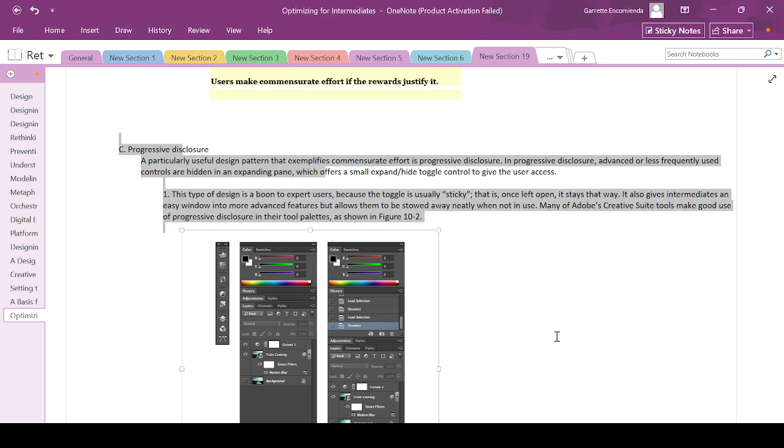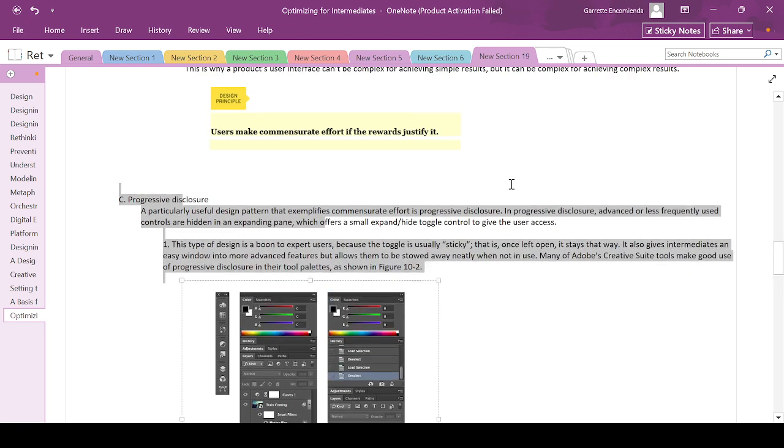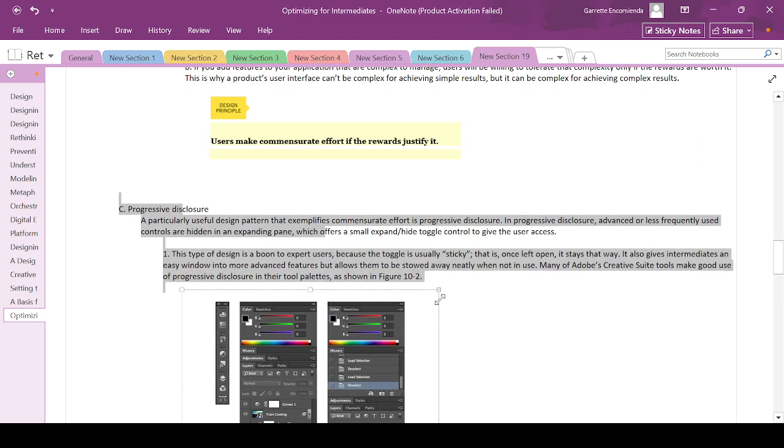We've already discussed this; we're just not aware that it's actually called the progressive disclosure principle. This type of design is a boon to expert users because the toggle is usually sticky. So actually, it's a pattern as well, not just a principle, that exemplifies commensurate effort.